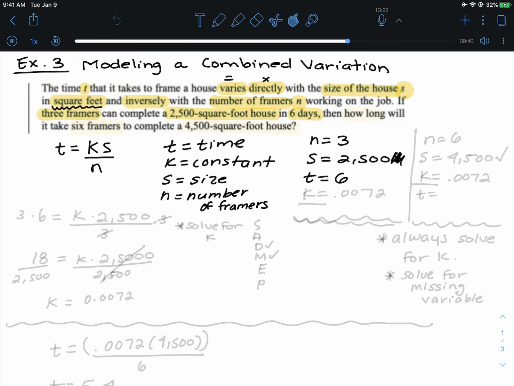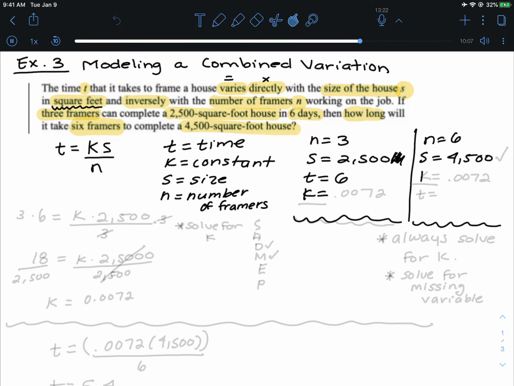Then how long will it take 6 framers to complete a 4,500 square foot house? So these are 2-step problems, guys, because you're going to have the first piece of information, which is this one, and then the second piece of information, which is this one right here.